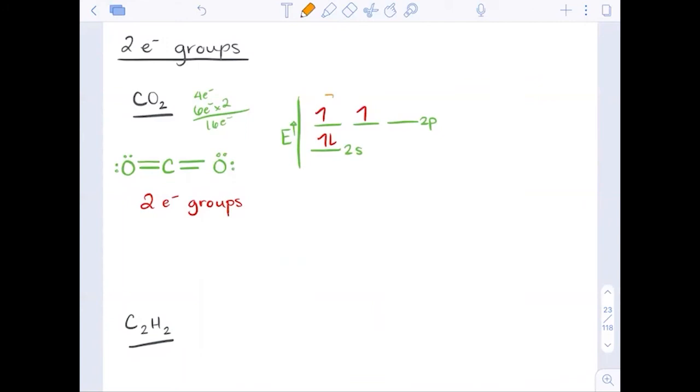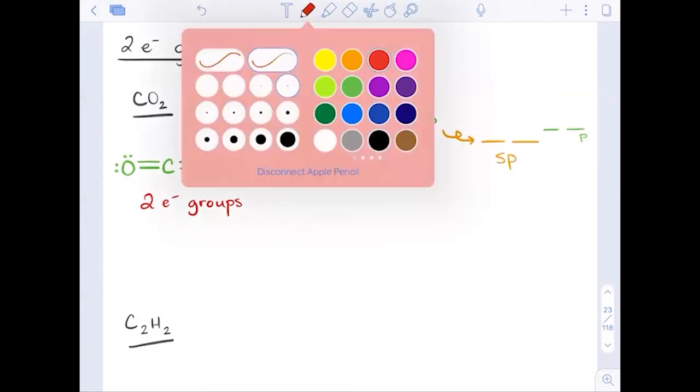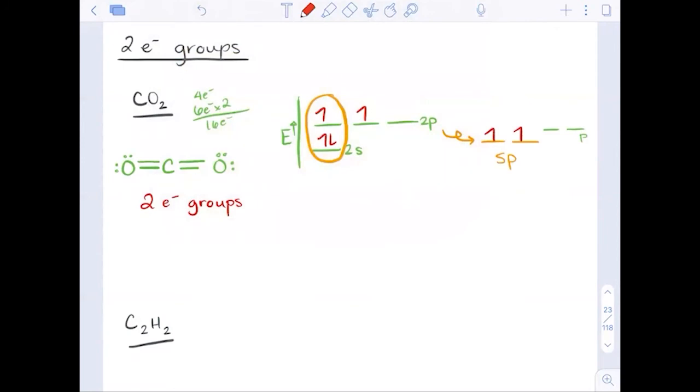I'm only going to take 2 atomic orbitals in order to hybridize into my 2 hybrid orbitals. My 2 p's get left over. These hybrids are going to be composed of an s and a p orbital, so therefore they're called sp. I'll have 2 sigma and 2 pi.